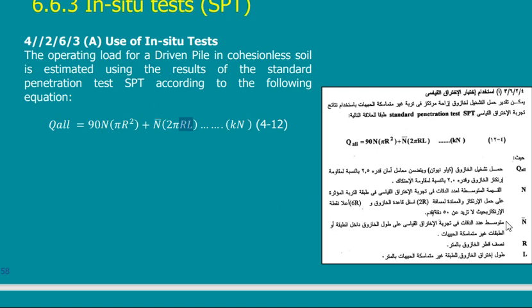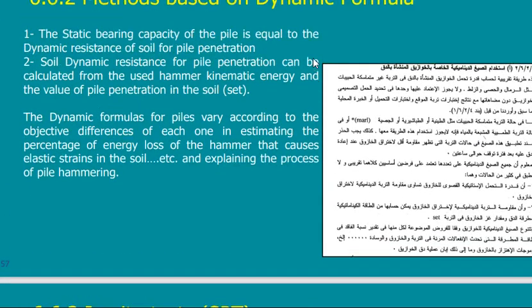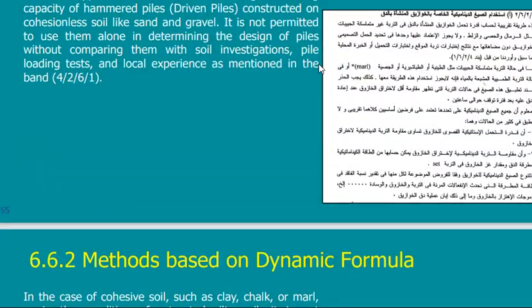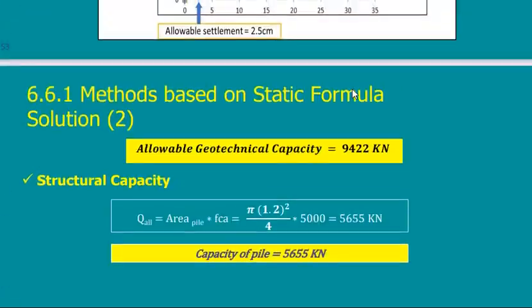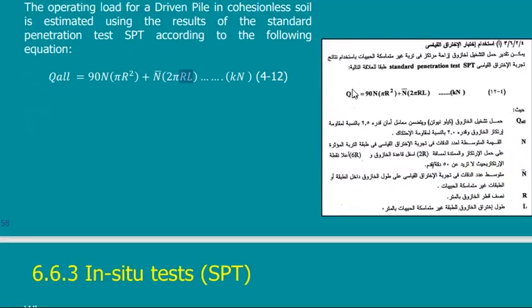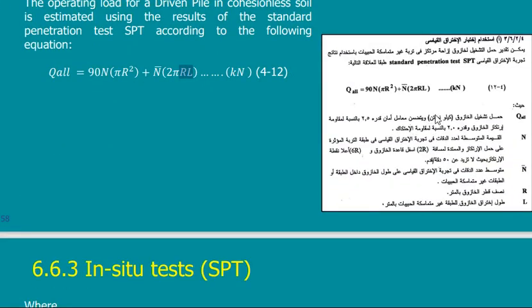If you check the Egyptian code, you will see that they are saying that this given value includes a factor of safety of 2.5 for the end bearing, and 2 for the friction. You will see the translation above. It should be somewhere here. No, it is not here. Then I'll just say it here. This is very, very important.